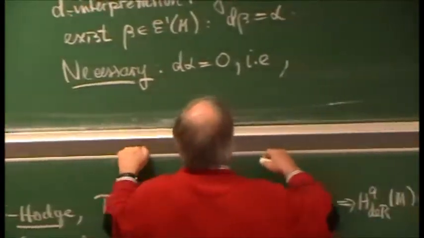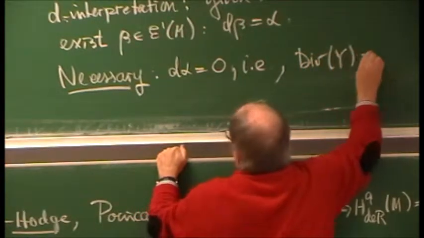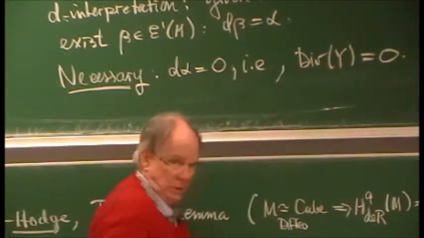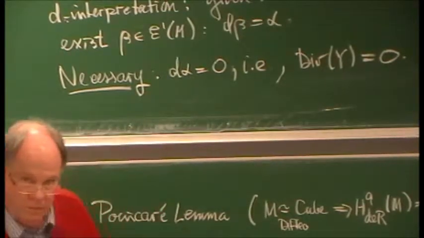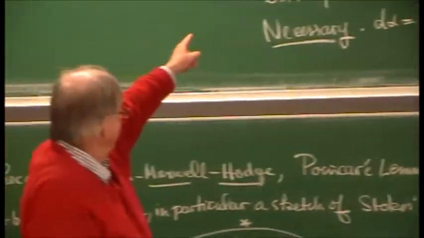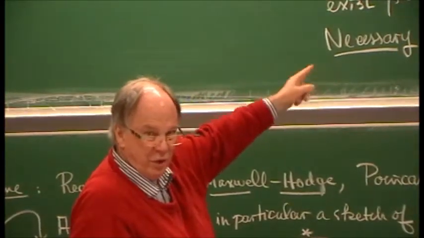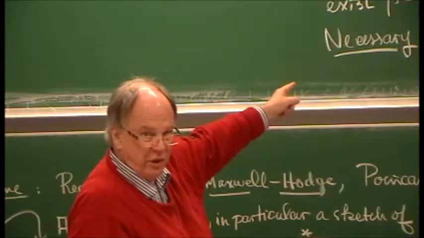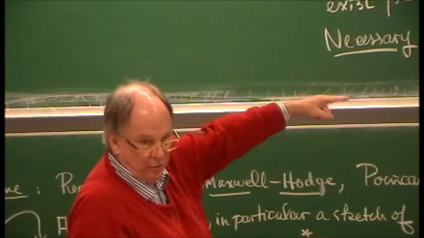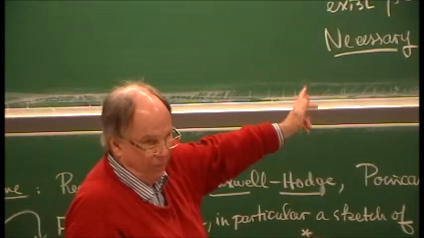I.e., divergence of y equals 0 is a necessary condition. So you want to solve the equation gradient cross x equals y, you need the condition divergence y equals 0. You want to solve the differential equation d beta equals alpha, you need the condition d alpha is equal to 0. It's the same thing.